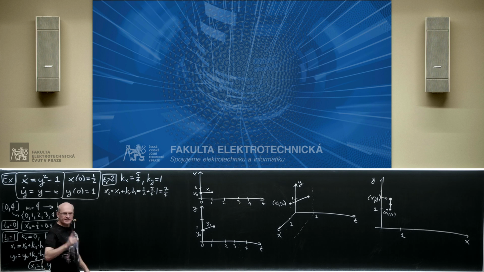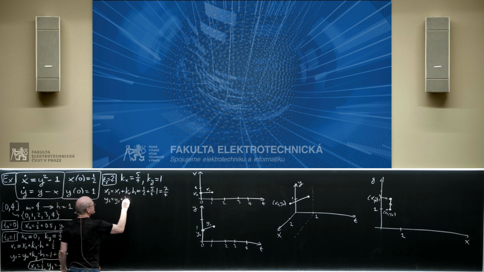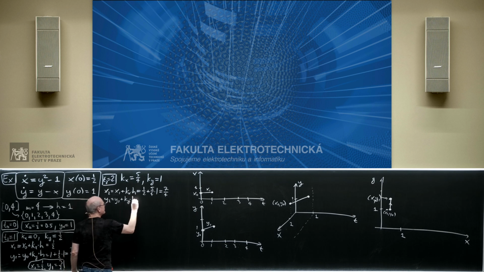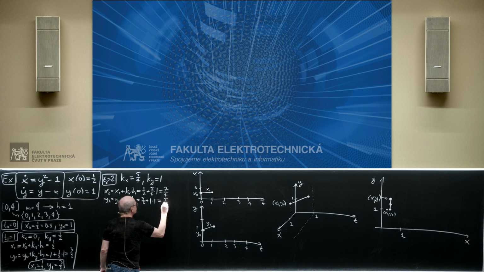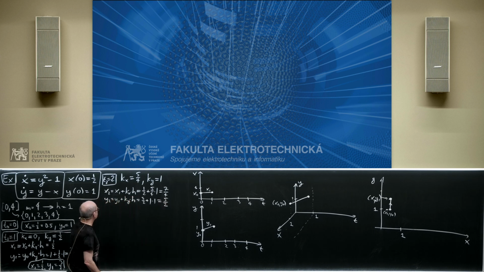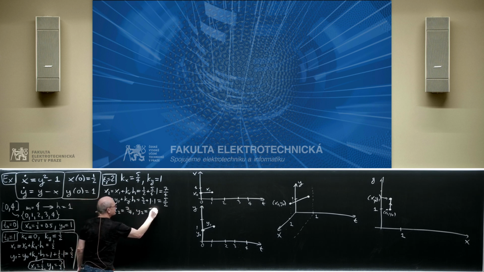Looks about right. y2 is y1 plus the slope for y multiplied by the step size, which is 3/2 plus the slope 1 times 1, and this is 5/2. Interesting. Okay, let me sum it up. x2 is 7/4, y2 is 5/2.